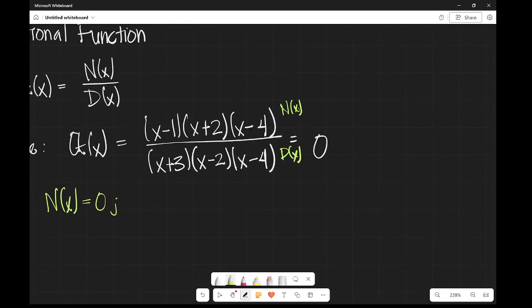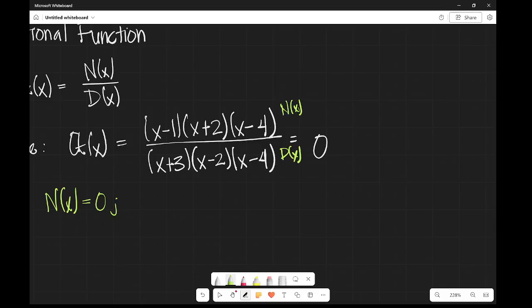Well, n of x, the numerator here, that whole thing can only equal 0 if one of these differences cancels out. So if x equals positive 1 here, that makes this whole thing go to 0. Same if x equals negative 2, that also makes the whole numerator go to 0. Similarly, if x equals positive 4.